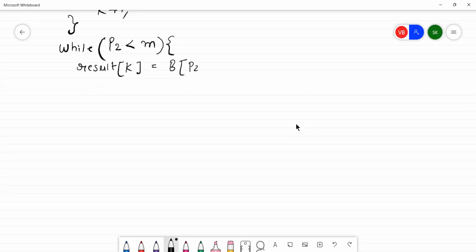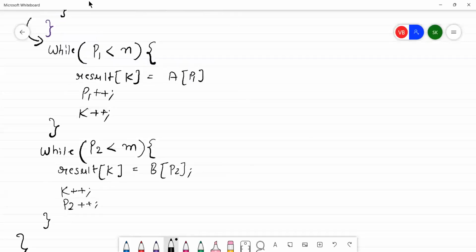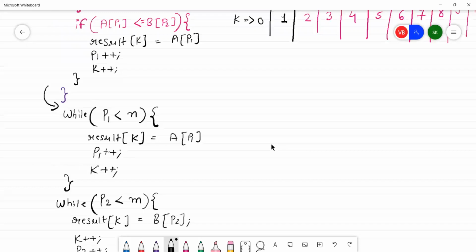Okay, that's great. And again here, K++. And I hope you understood these two while loops, which we are writing outside the main while loop. And then you can close your main program. Everyone, are you clear or not?